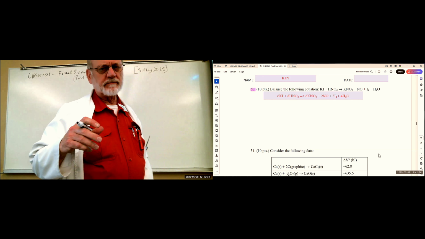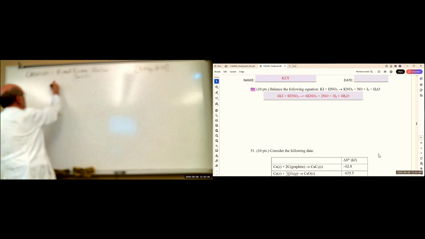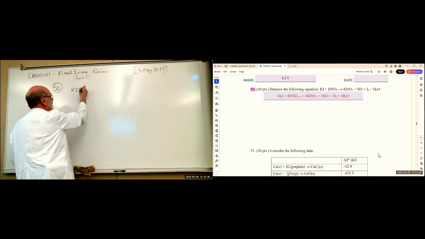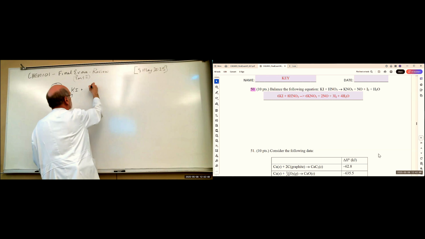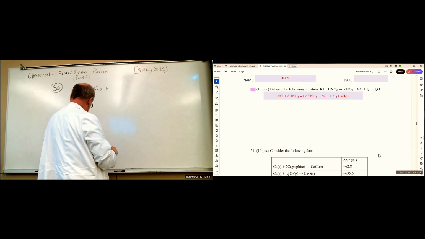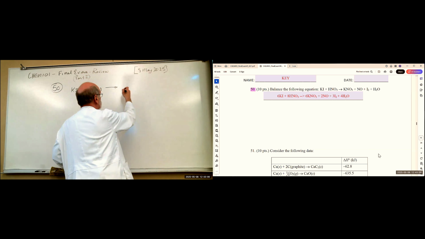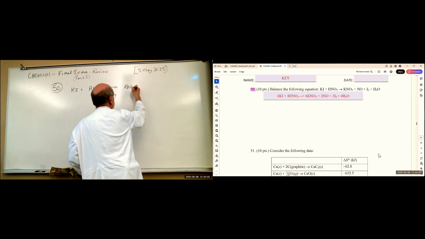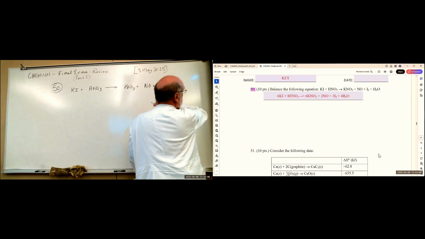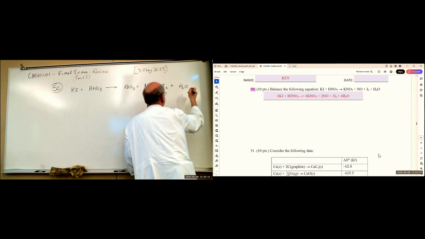All right, I'm going to balance this equation. And this is number 50. So we got potassium iodide and nitric acid yields potassium nitrate and NO and I2 and H2O.